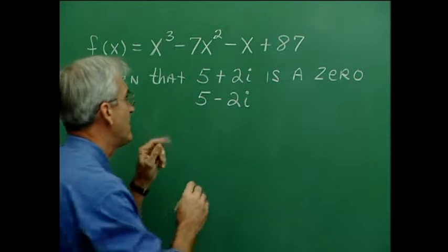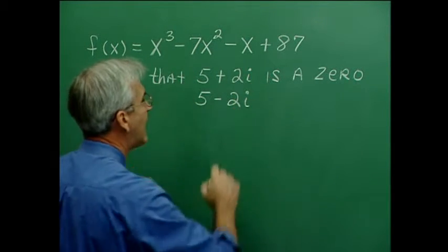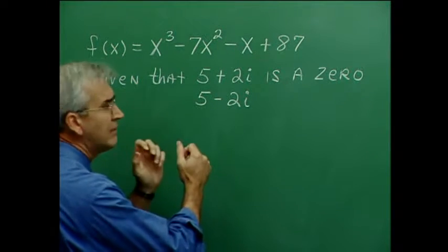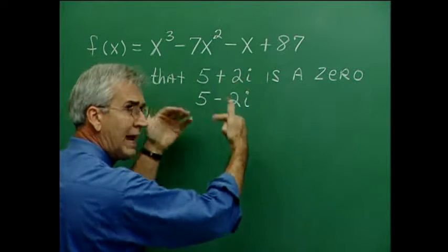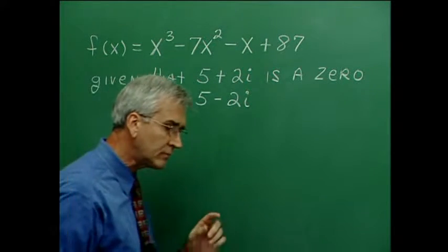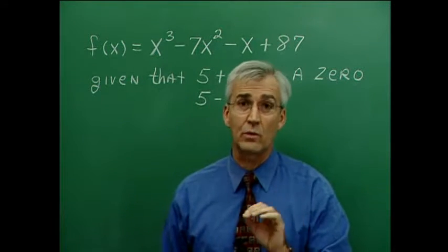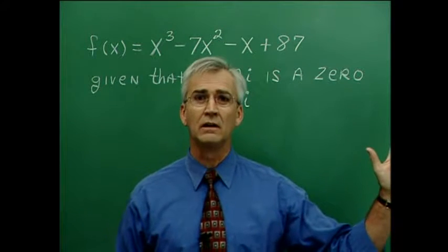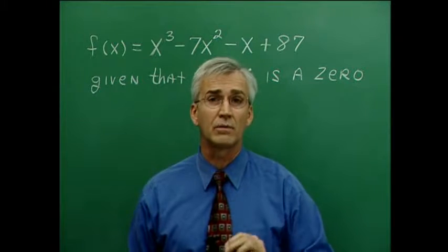Let me backtrack just a minute, though, and mention something about this complex conjugate idea. I said something to the effect that if we have one complex 0, then we have its conjugate as a 0. Actually, it's true that all of the zeros that we have found in this entire section, and indeed in this entire development of mathematics, have all been in the set of complex numbers.